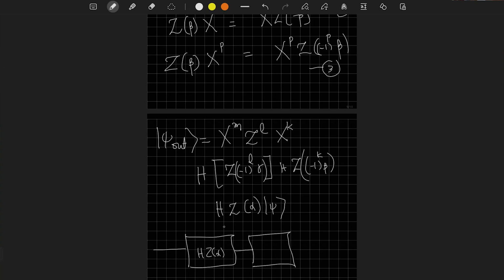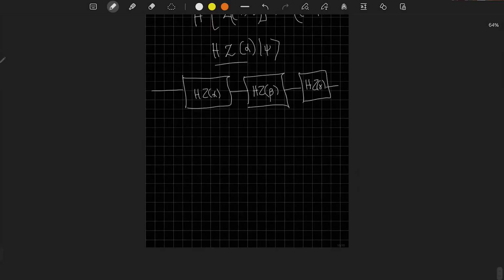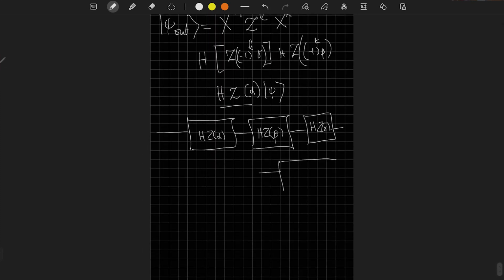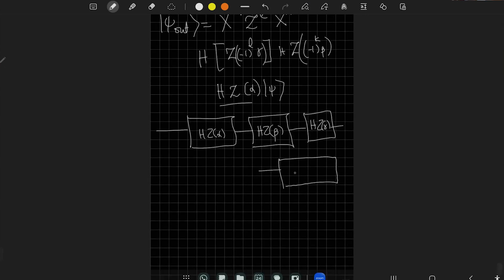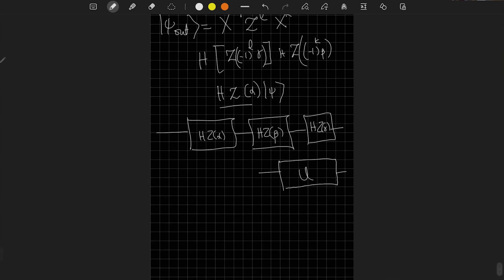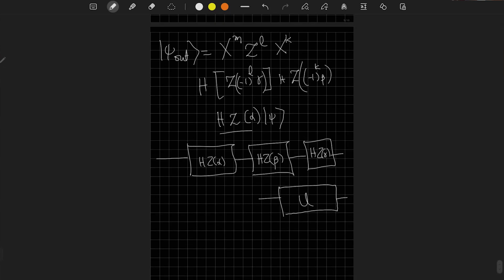So you have H Z alpha followed by H Z beta followed by H Z gamma followed by this factor, which is some combination of all operators. So now you have a string of operations on the qubit: H Z alpha followed by H Z beta followed by H Z gamma followed by U.